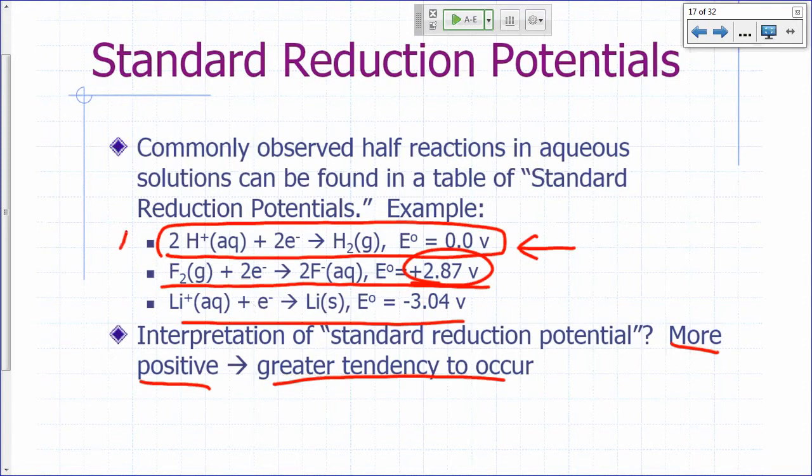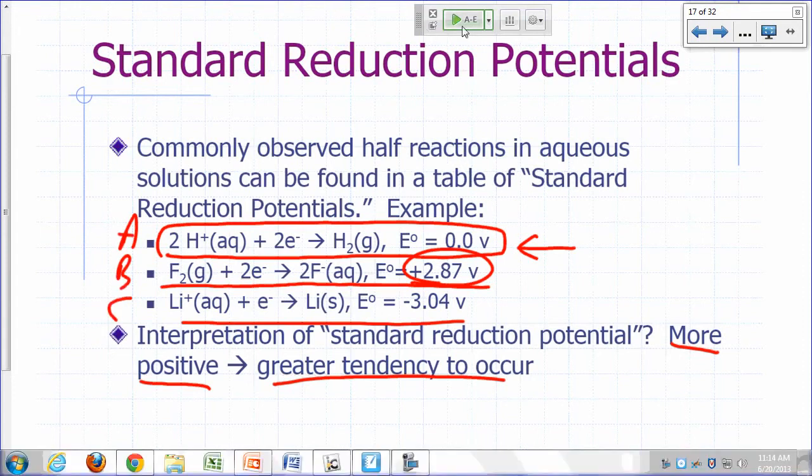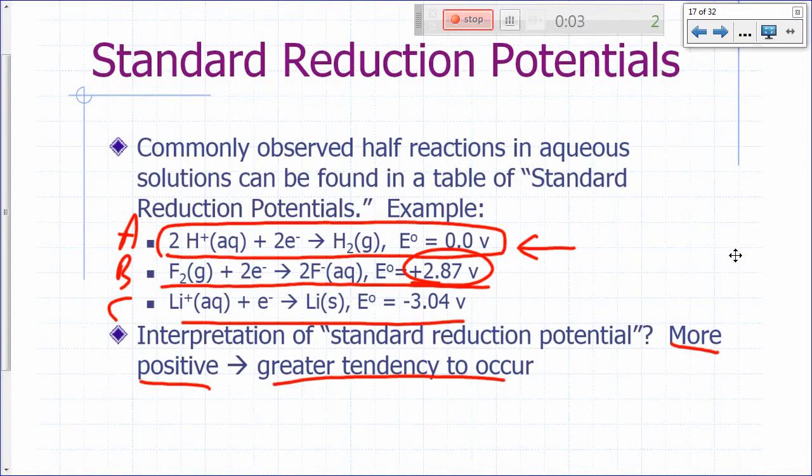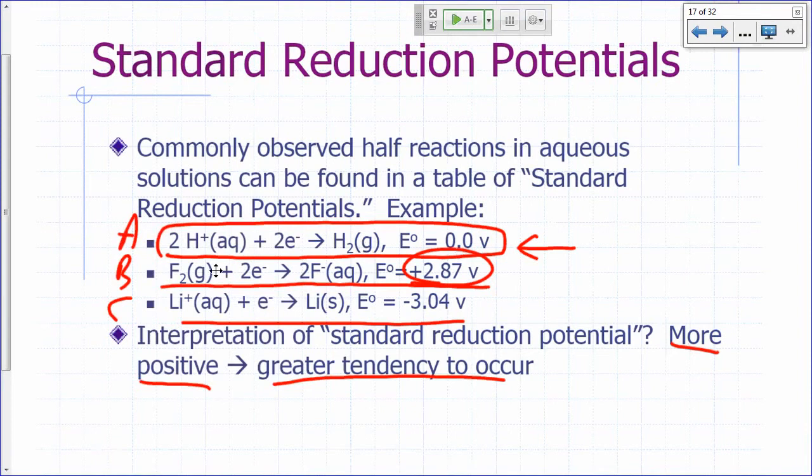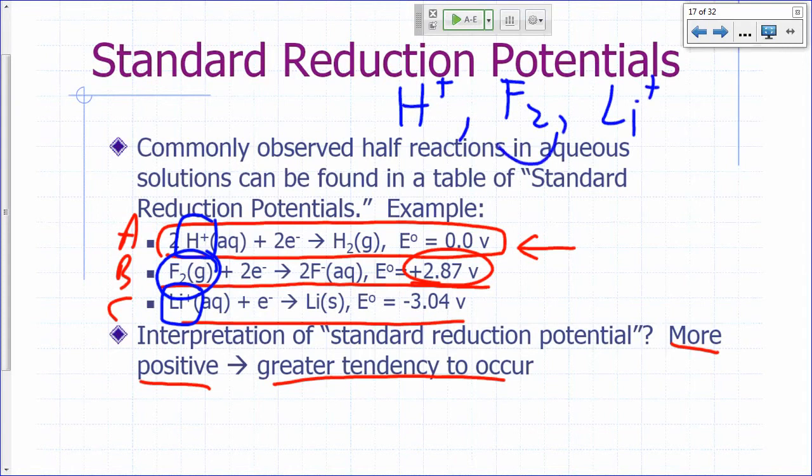Is it going to be A, B, or C? We say that F2 is the most likely to get reduced, comparing the reactants H plus, F2, and lithium plus. F2 has the greatest tendency to get reduced.